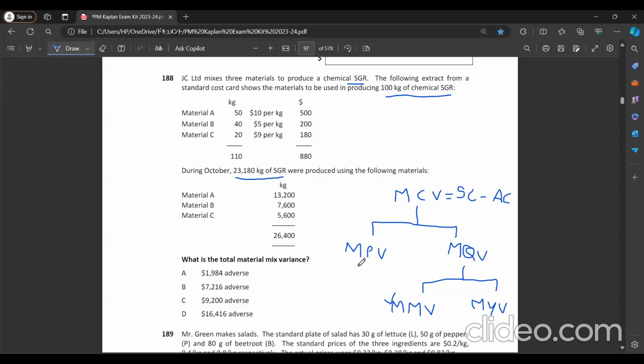If we are talking about price variance, we would have the difference between the standard price and the actual price, easy to remember. So we would have the standard price minus the actual price. This is applicable to the entire actual quantity that is consumed.